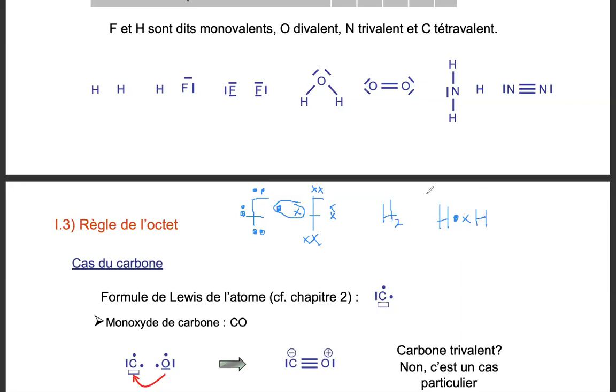So this is not an octet, but a duet, because it satisfies what helium's electron configuration looks like, that is 1s squared.